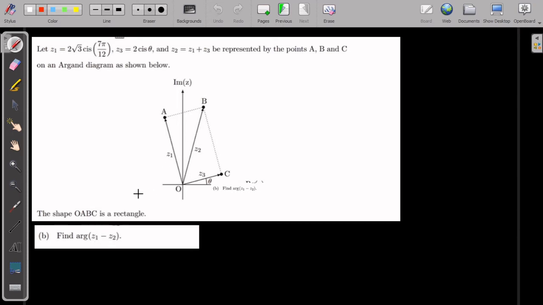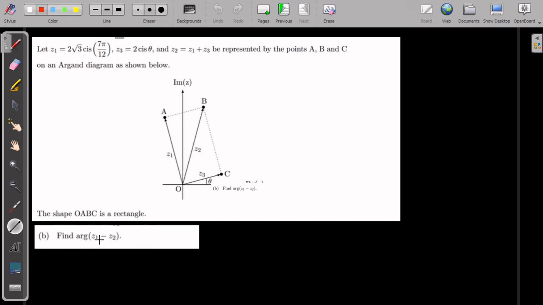Find now the argument of z1 minus z2. Now, how do I solve these kinds of problems? When I have to find a calculation between z1, z2, z3 or whatever, not multiplication, not division, but addition or subtraction, it's easy to simply use geometry.